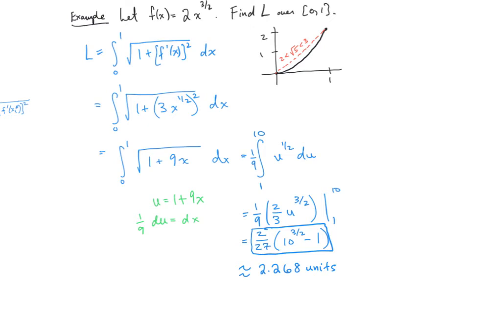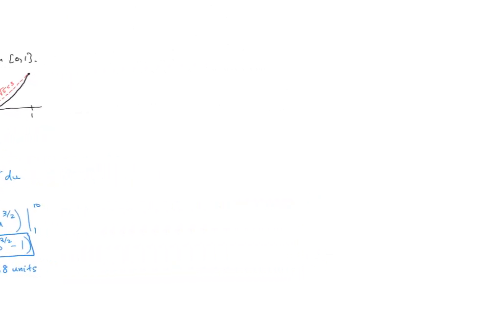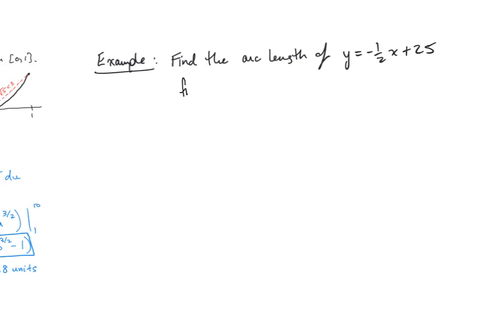Okay, let's do one more. All right, so let's find the arc length of y equals negative 1/2 x plus 25 from 1 to 4.